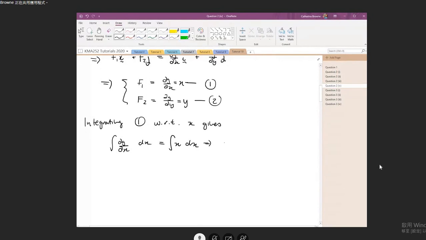So that implies that our function g of x and y is equal to x squared on 2 plus some function of y. Does that make sense to everyone? Because y has sort of disappeared when we've differentiated and gone back the other way. So we can't see anything about y when we integrate that part. But g must also satisfy 2 as well.